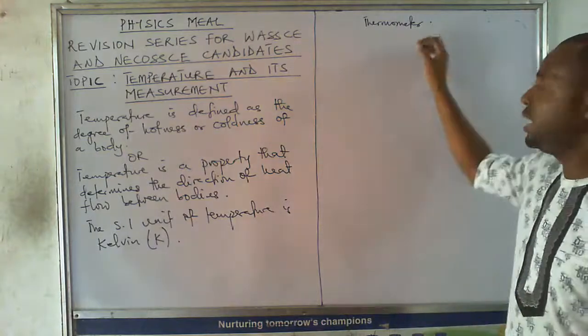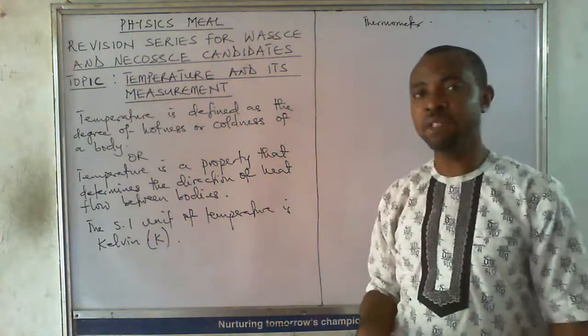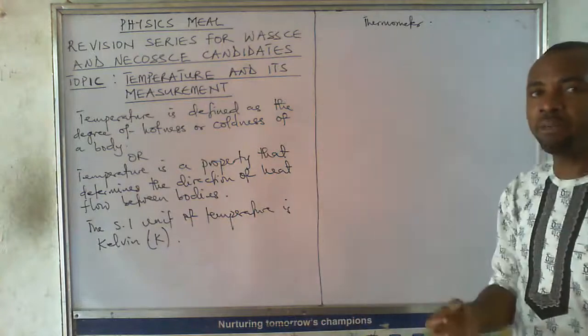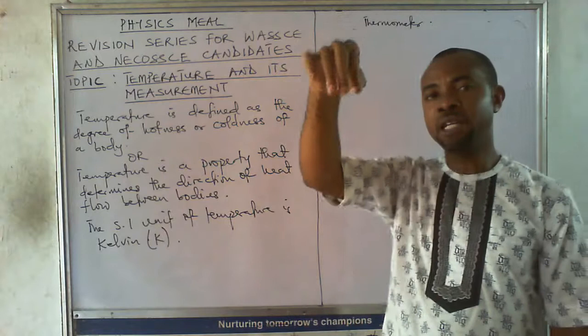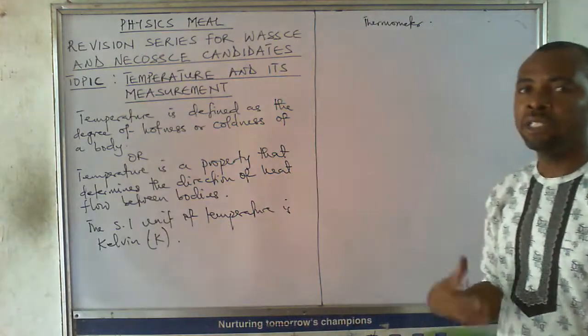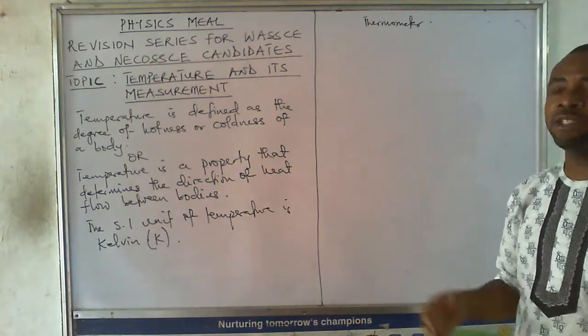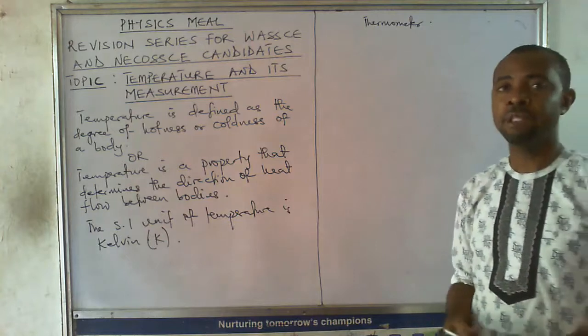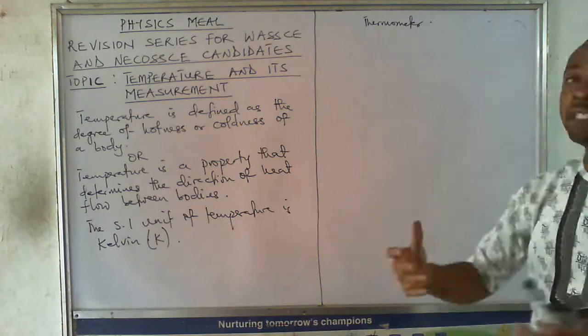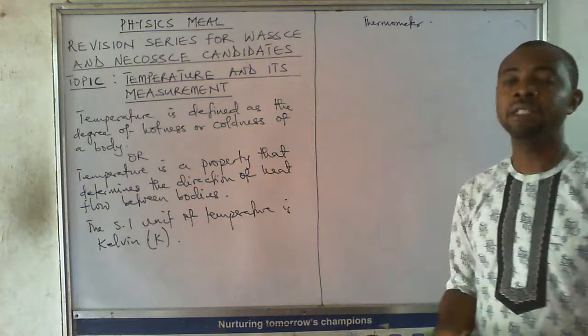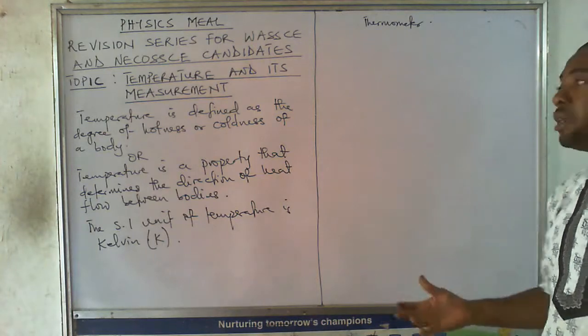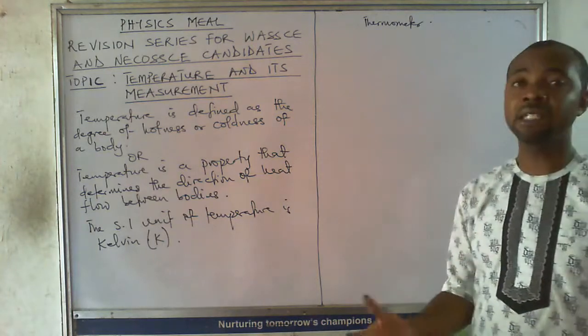But with the aid of a thermometer, I believe you have seen one, you can actually measure what? Temperature. So thermometer is used in measuring temperature. Now, there are different temperature scales that we use, so many of them, but there are three that are common.